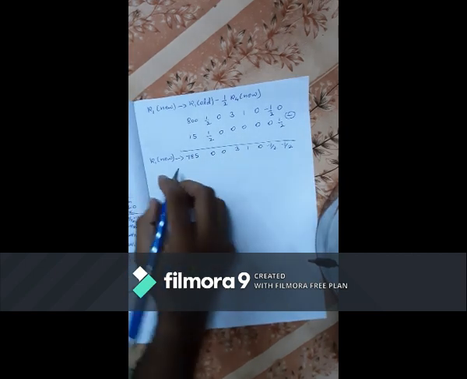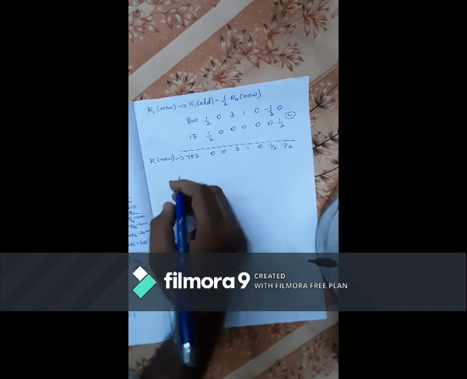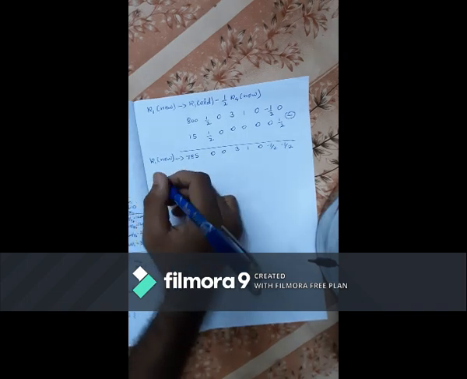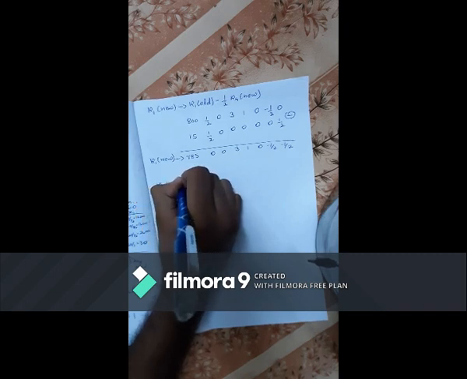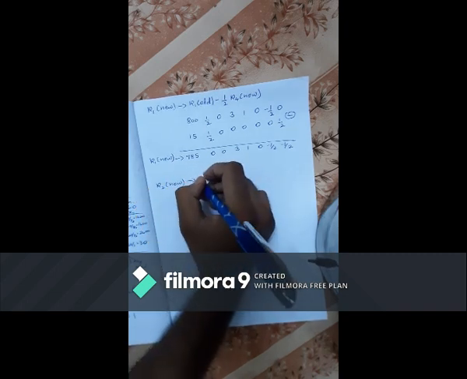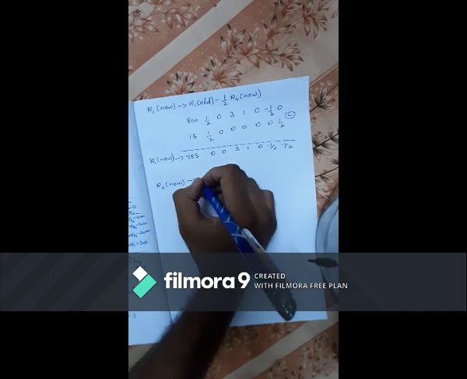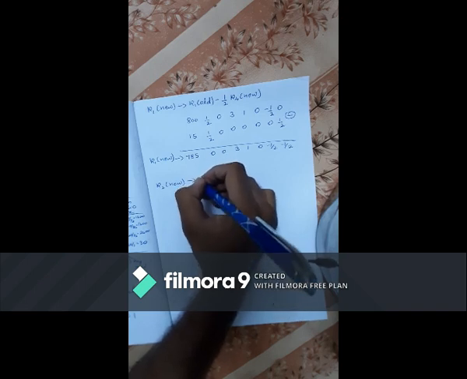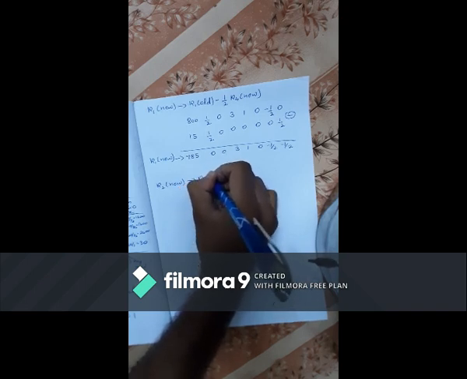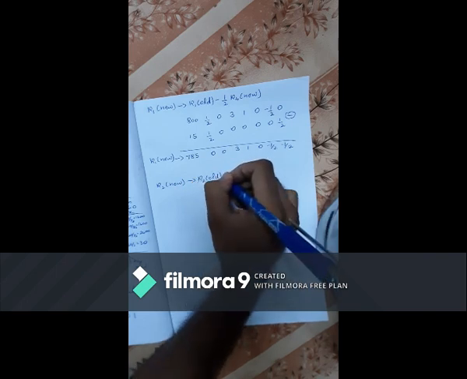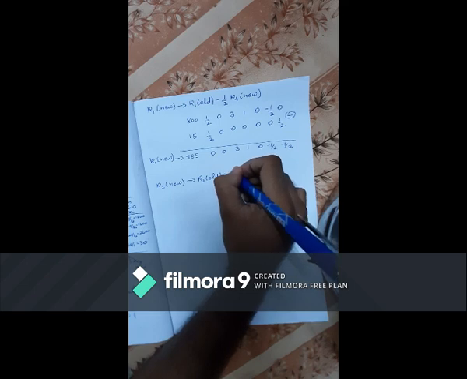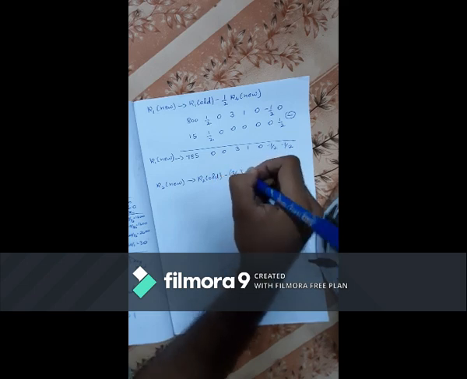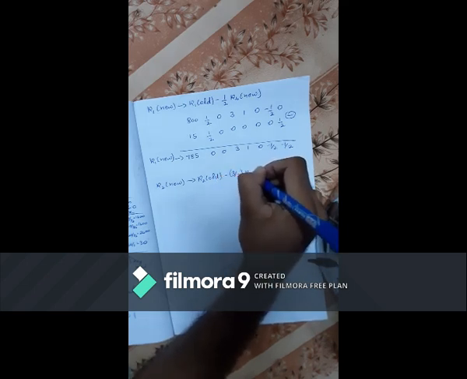Okay. Next, we find the value of R2. R2 new is equal to R2 old minus 3 by 2 R4 new.